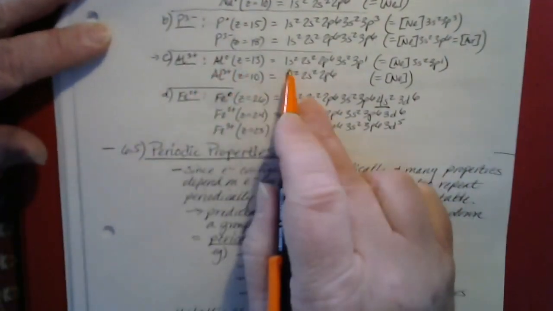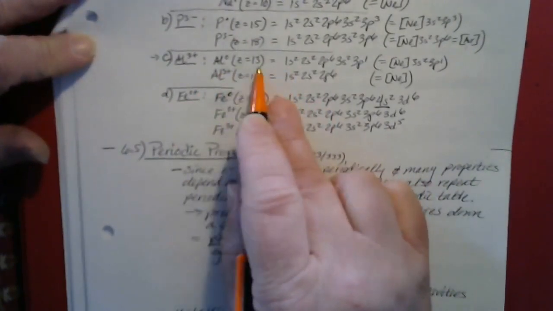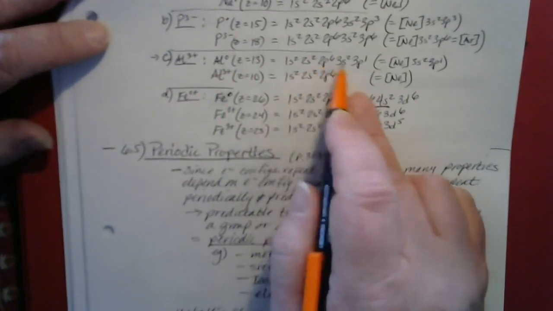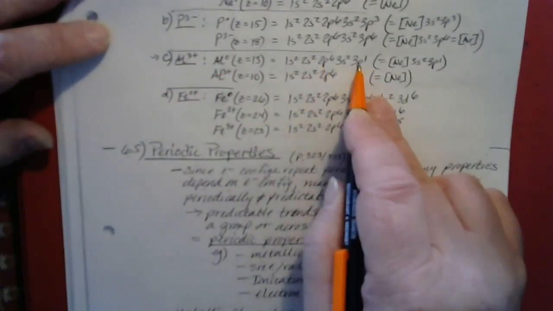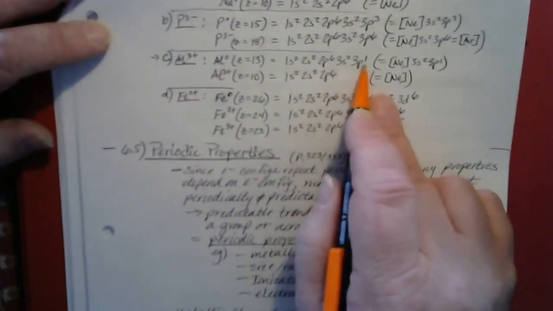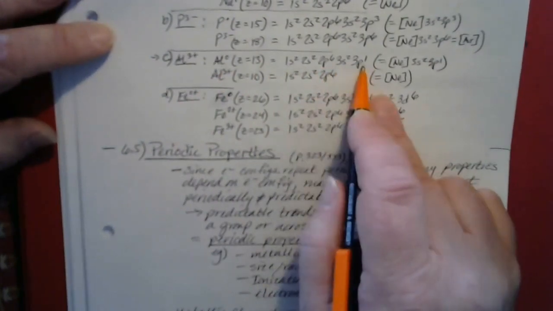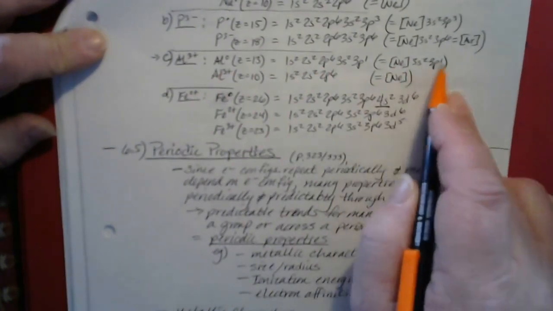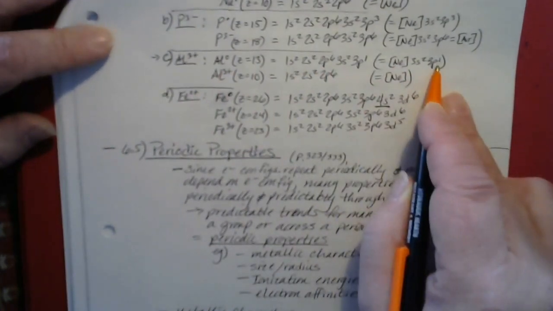Aluminum, the element, has atomic number of 13, which means 13 electrons. So that's 1s2, 2s2, 2p6, 3s2, 3p1, 3 electrons in the valence shell, which happens to be n = 3 also. And that is neon with 3s2, 3p1 added onto it.